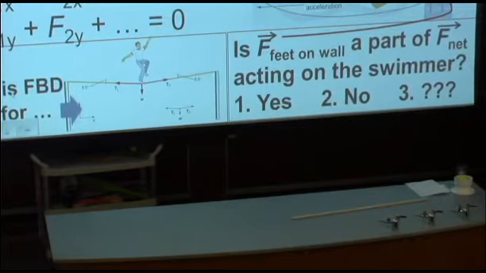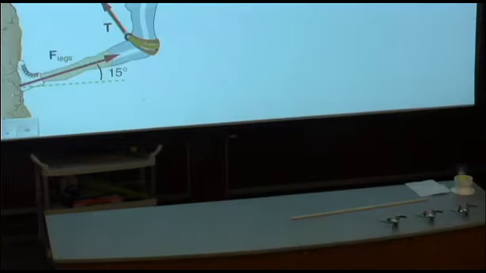But the free body diagram for the lady should not include the force exerted by the lady. It should include only forces felt by the lady. And we already had that free body diagram before. So here the answer is no.